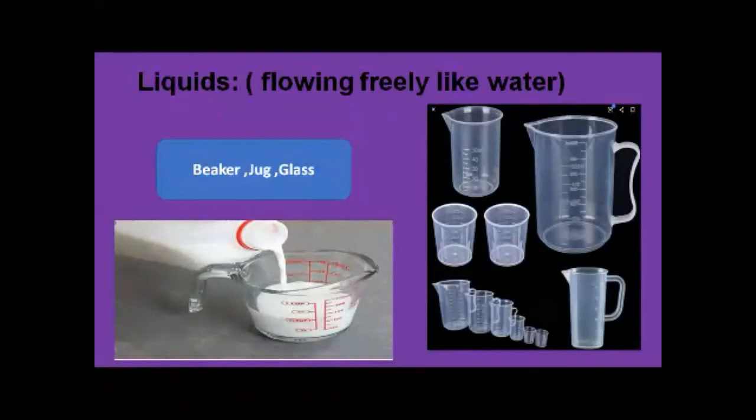These are the liquids, and we learned about liquids in yesterday's class in great detail. Beta, we can measure liquids like water, juice, milk, and oil in a beaker. These are called beakers. We can also measure liquid in a jug, a normal jug, in cups, and in a glass as well.